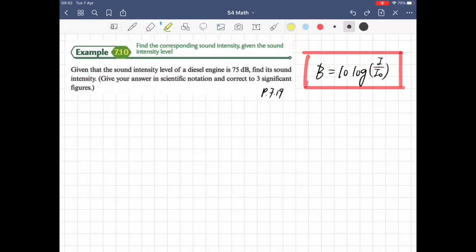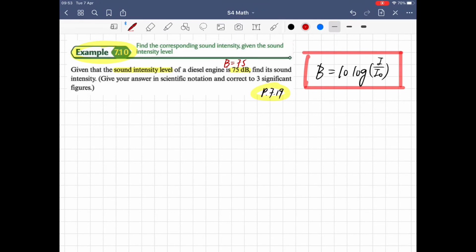So now let's take a look at another example, that is example 7.10 in your textbook, page 7.19. So in this question, it is given that the sound intensity level of an engine is 75 dB. So that means this time we know that B is equal to 75.